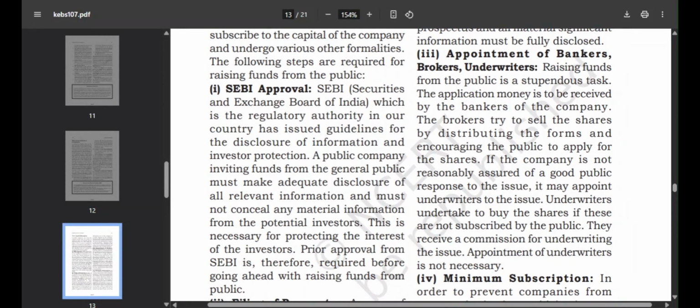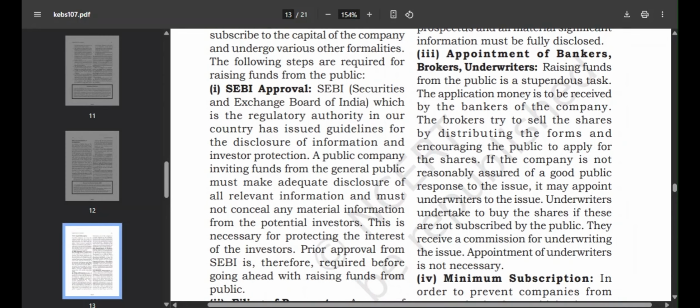Because subscription of capital is done in a public company, companies are mandated to disclose all the information to the public, because the public are the ones investing their money, their time, their knowledge, their effort into the company. So they have to disclose the information, and they have to protect the investors' rights.